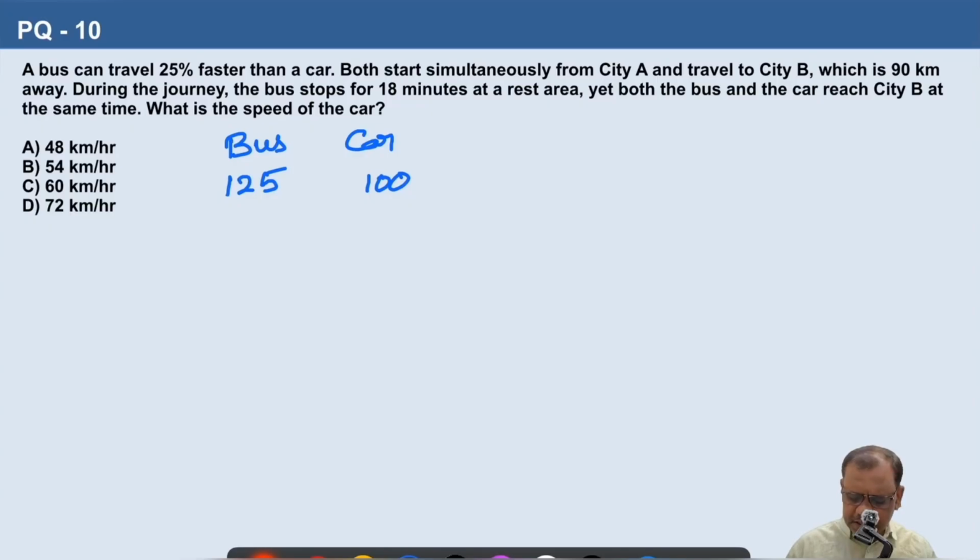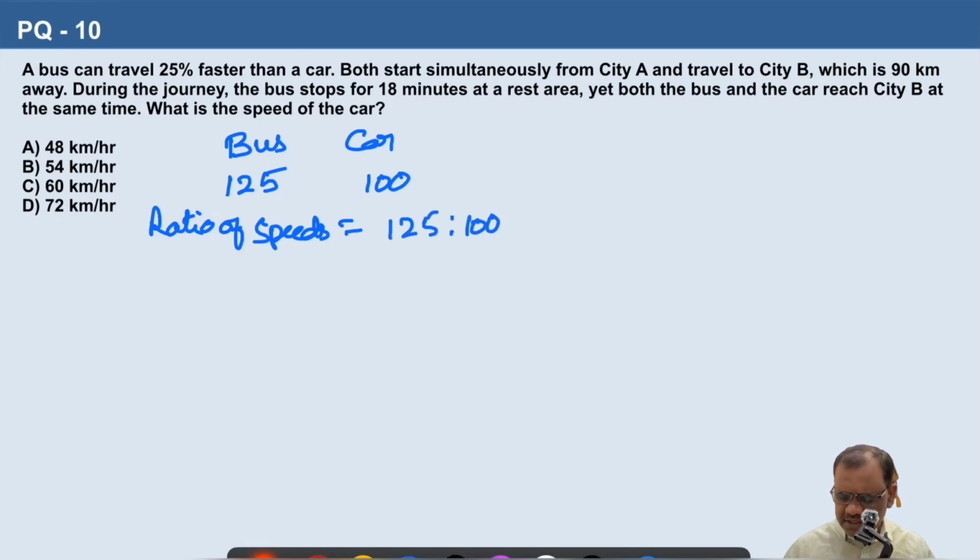Now let us find out the ratio of speeds. Ratio of speeds is 125 is to 100. Simplify this, 25 5s, 25 4s, which equals 5 is to 4. This is the ratio of speeds.